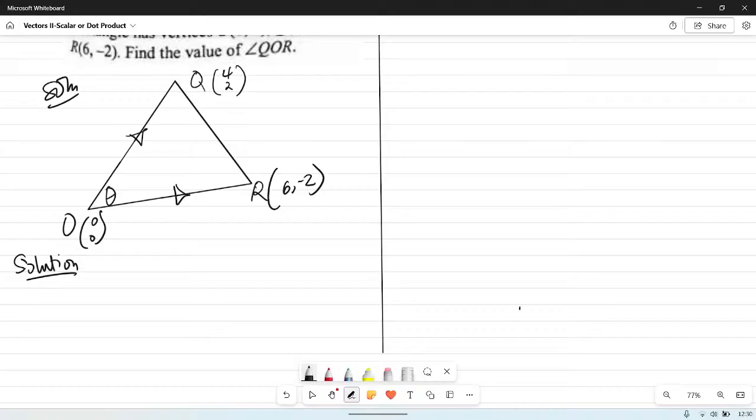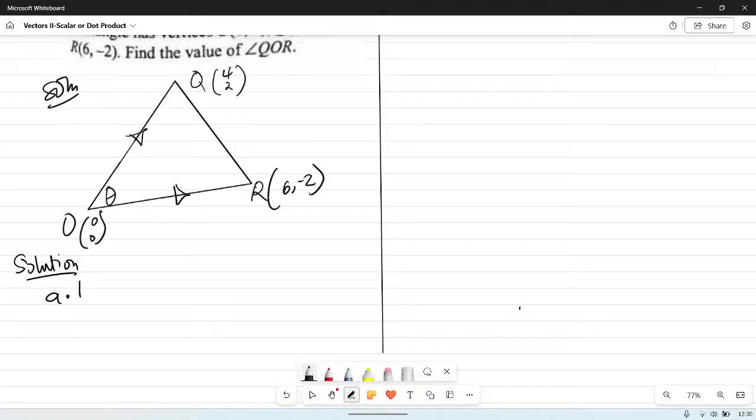So let's see. We want to find the angle QOR, right? So we know that A dot B will come first.